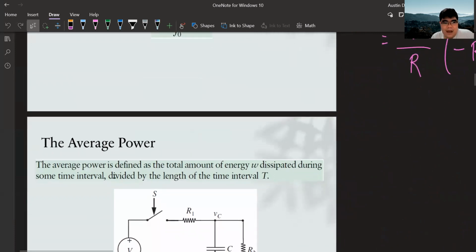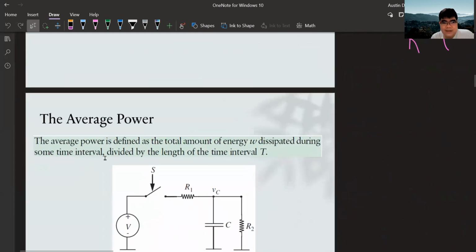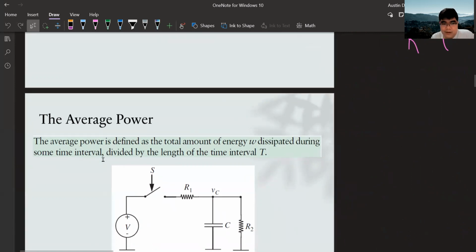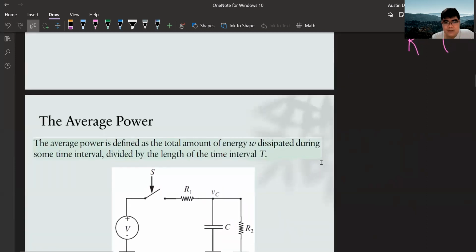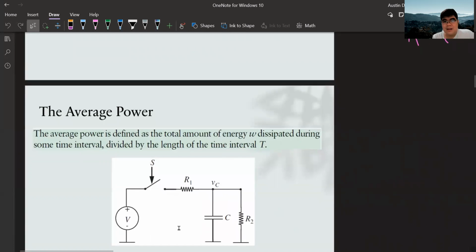The average power is defined as the amount of energy dissipated during some time interval, and then you divide it by the time interval. So you calculate your energy, and at certain times you divide it by the time over which you calculated it.